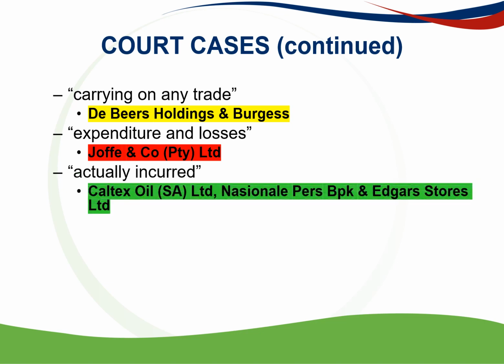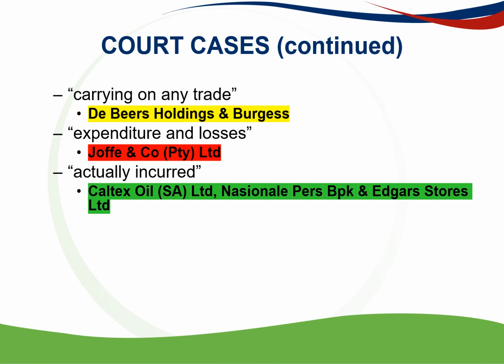The next one, actually incurred. In Caltex Oil, it was stated that the taxpayer may have incurred a liability which is payable only after the end of the year of assessment, and this would still be deductible. In other words, expenditure actually incurred does not mean amounts that are due and payable.